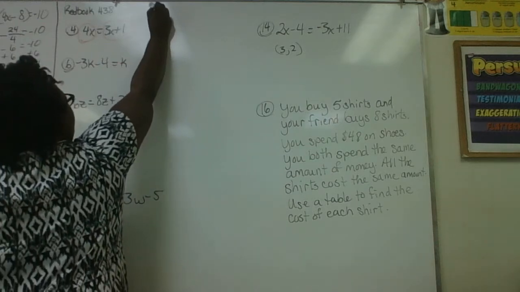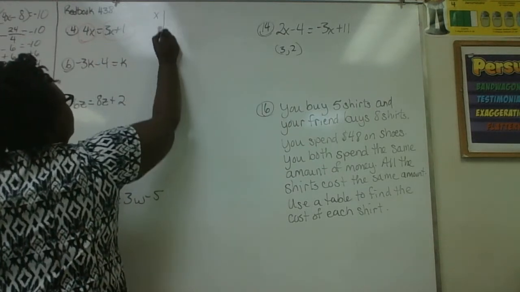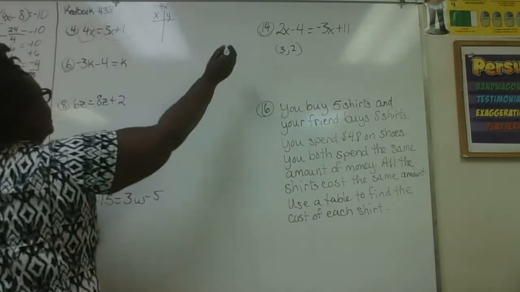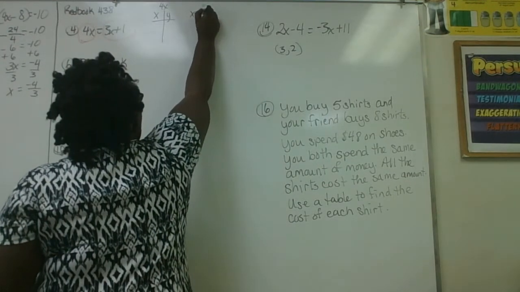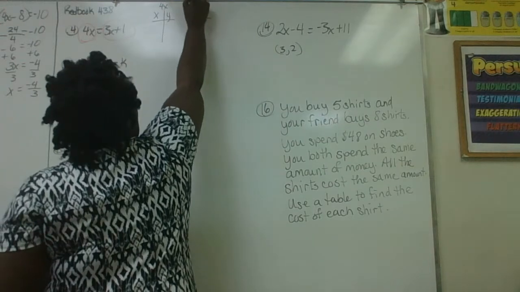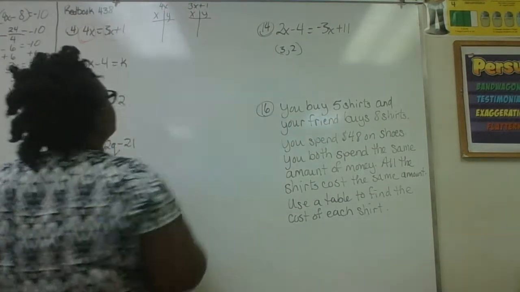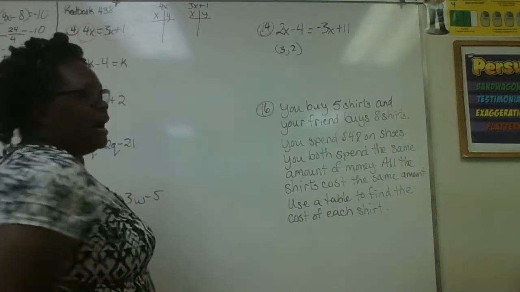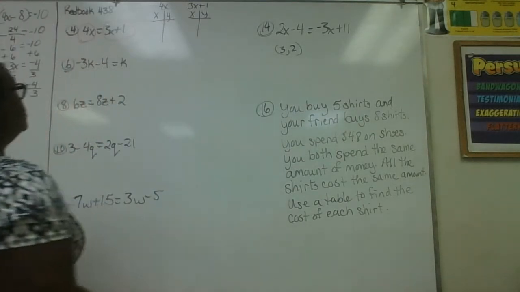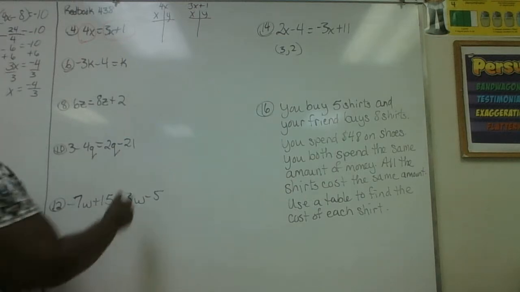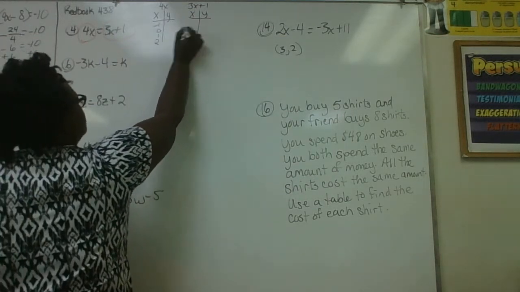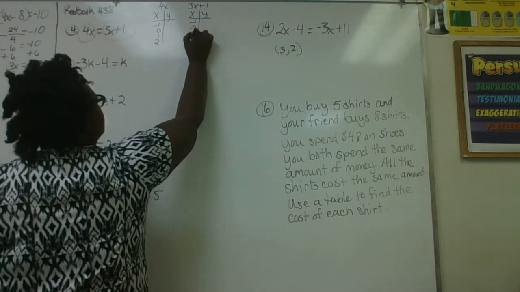We have an x, y comparison for our 4x, and then we have an x, y comparison for our 3x plus 1. Now, that means we need to use this as a working spot because we're going to be doing quite a few checks here. We're going to go with negative 1, 0, 1, and 2.